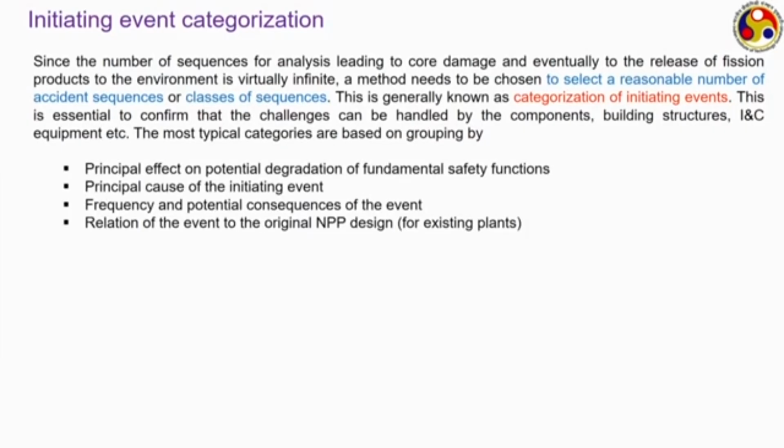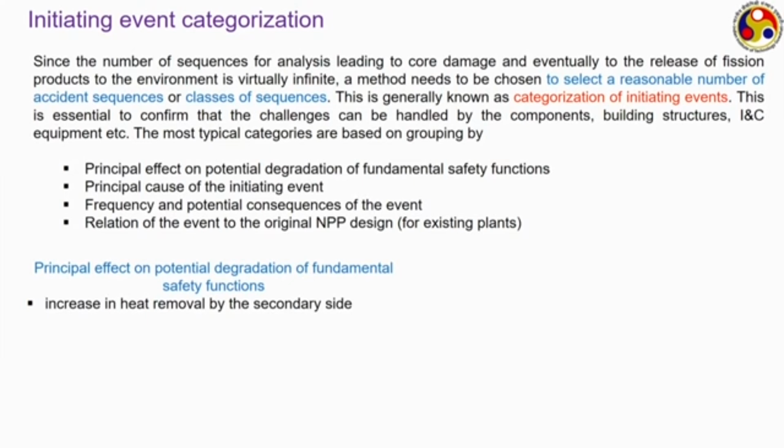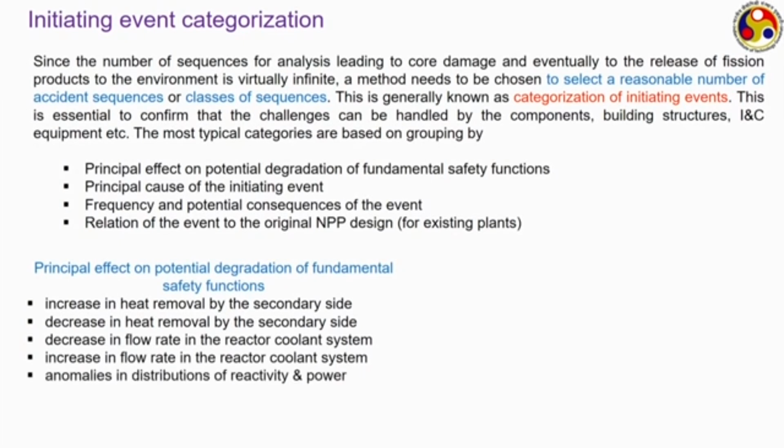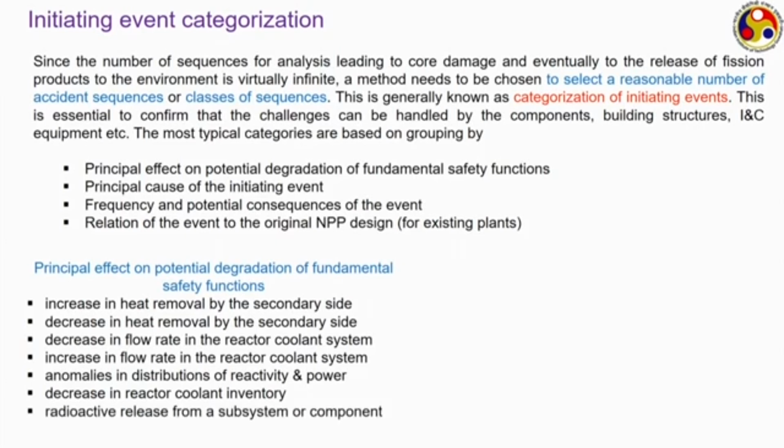Depending upon the initiating event, the most typical categories are the principal effect on potential degradation of fundamental safety functions, which can be increase in heat removal by the secondary side, decrease in heat removal by the secondary side, similarly increase or decrease in the flow rate in the coolant system, anomalies in distribution of reactivity and power, decrease in reactor coolant inventory, and radioactive release from a subsystem or components.